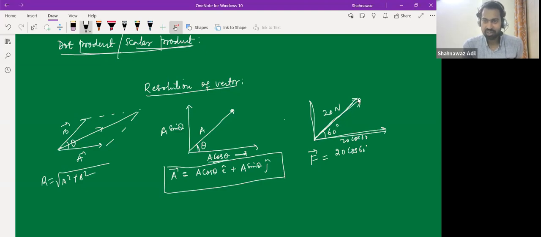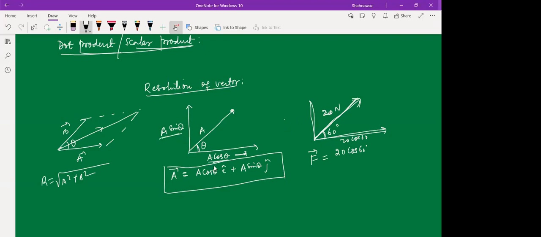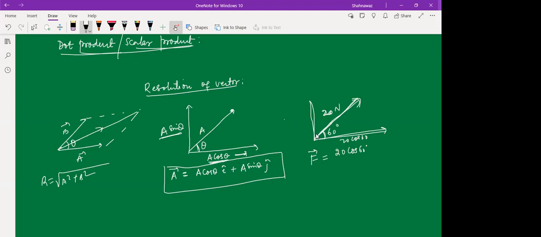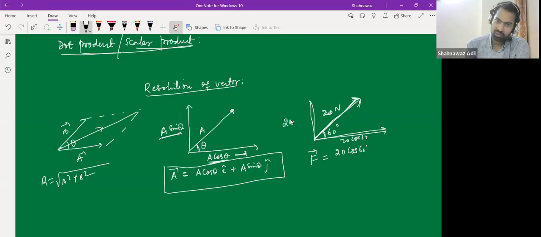So what would be this vertical part? This is the horizontal, this is the vertical part. So what is the magnitude that we have? 20 Newton.